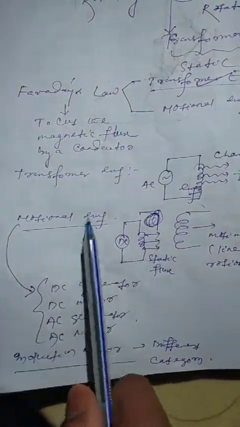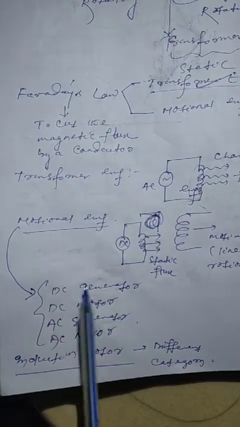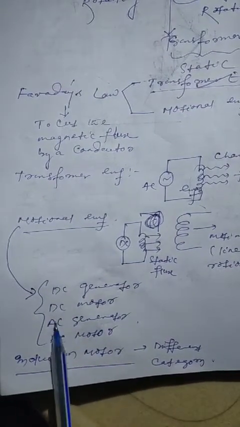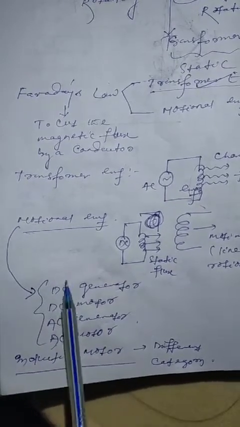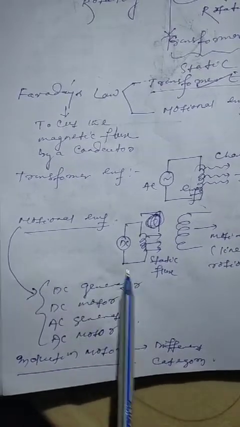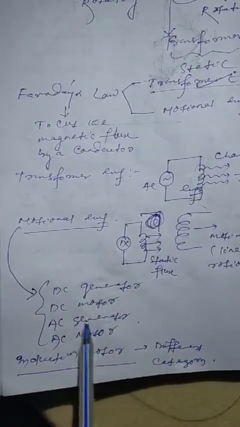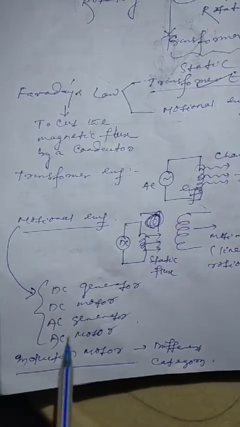Under motional EMF, all these kinds of machines will come: DC generator, DC motor, AC generator, AC motor. This principle will be applicable to these sorts of machines. Next, we have a different kind of machine, that is the induction motor, which is something different.